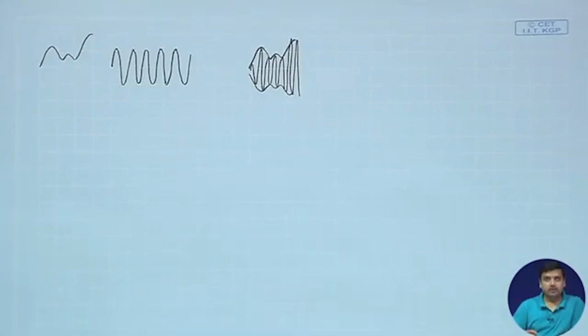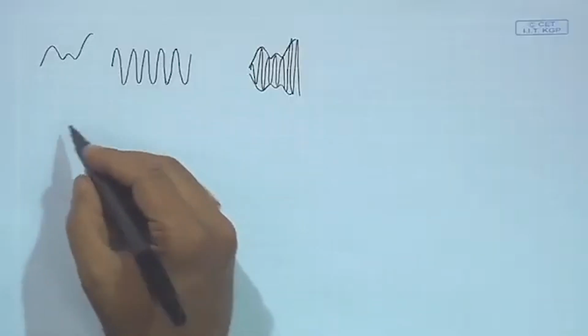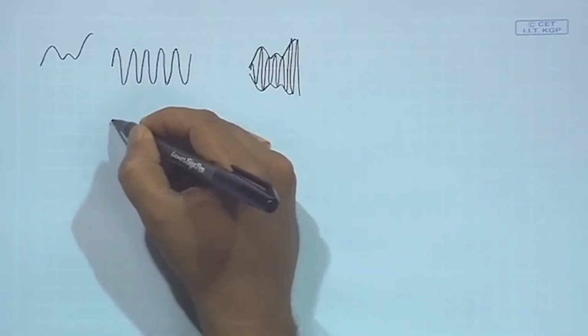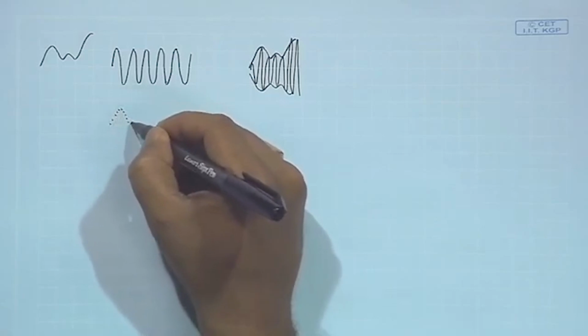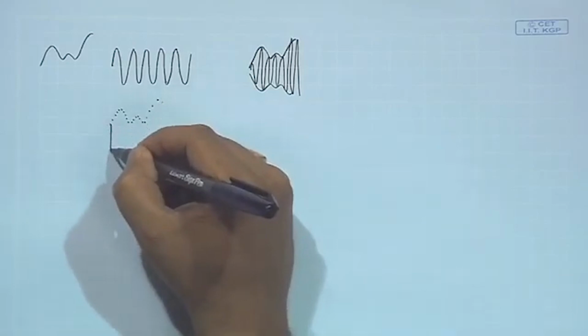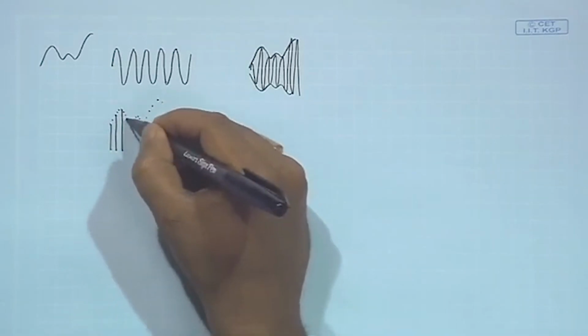Whereas, if we are talking about a digital communication system, the first step that we generally do is to sample the source. So, when you are sampling the source, let us take for example this particular waveform as the source signal, and due to sampling we are going to get, let us say, samples. We will be sampling at a rate which is more than twice the maximum frequency content.